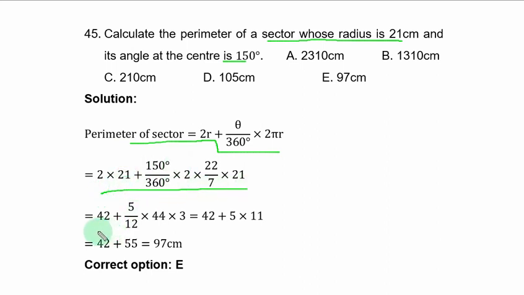If you simplify, 2 times 21, 42 plus. If you reduce this term, you have 5 over 12. If you divide 21 by 3 by 7, you have 3. 2 times 22, you have 44. That simplifies to this and this. And finally, you have 97 centimeters as the perimeter of the sector.